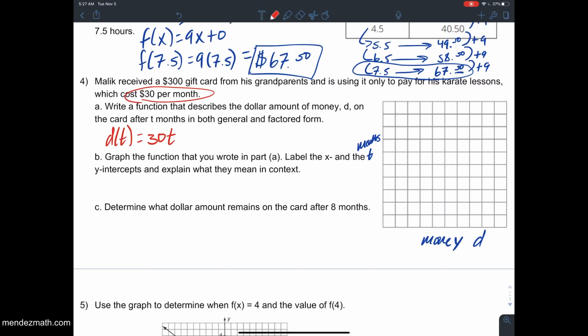Graph the function that you wrote in part A, label X and Y intercepts, explain the meaning in context. Okay, so there's really two functions here. There is D of T equals 30T. This is the karate lessons.